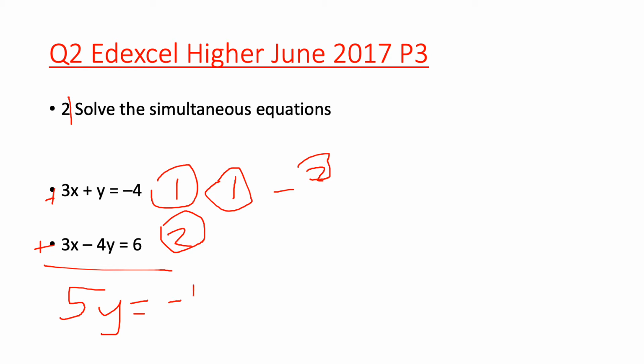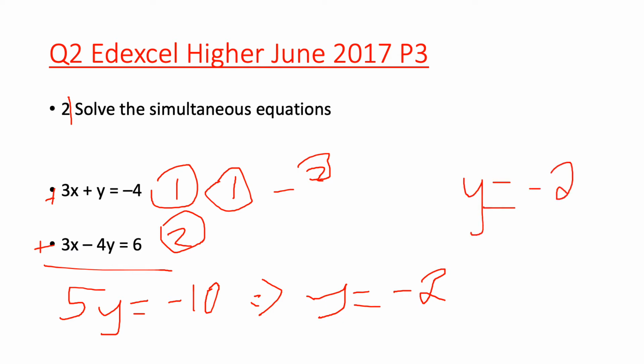Minus 4 minus 6 is minus 10. So 5y is equal to minus 10, which implies that y must be equal to minus 2.